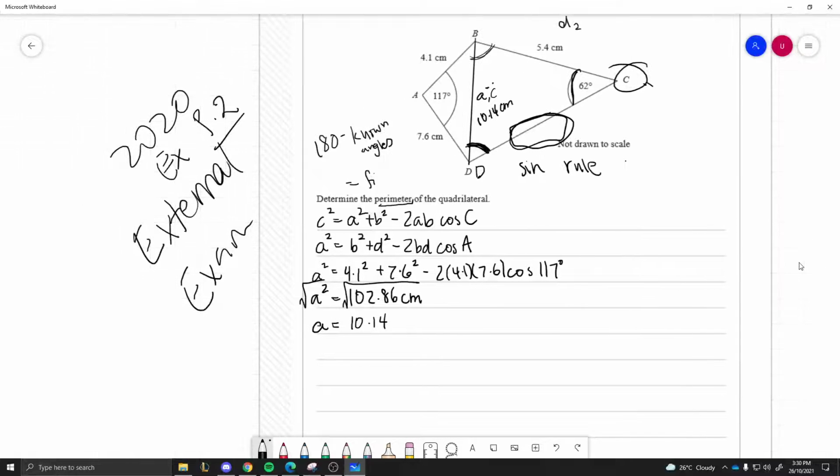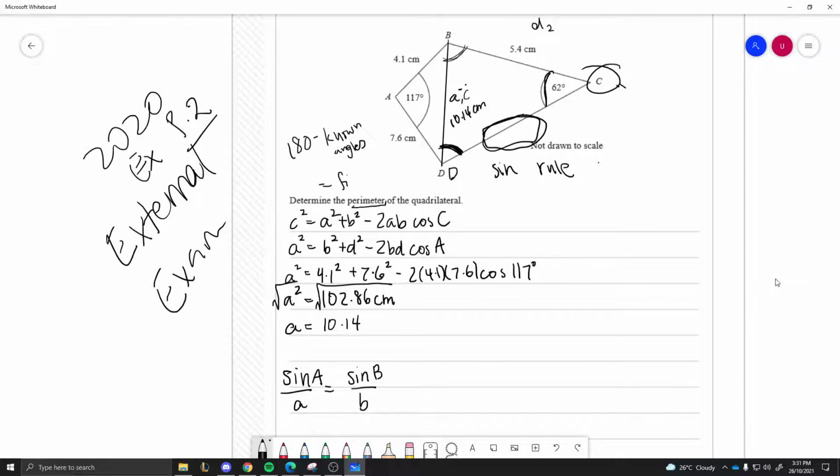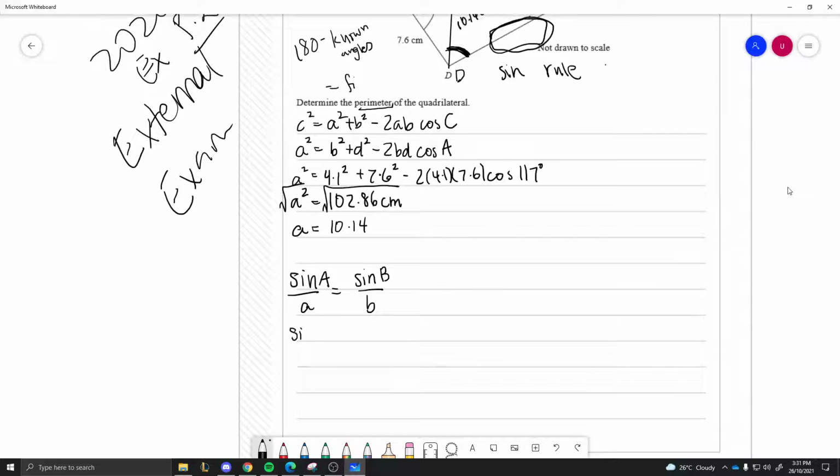So let's write the sine rule formula. Sine A over A equals sine B over B, but we don't have A and B. Our knowns are going to be big C and little c. So sine C over little c equals sine D, capital D, which is our unknown, over little d.